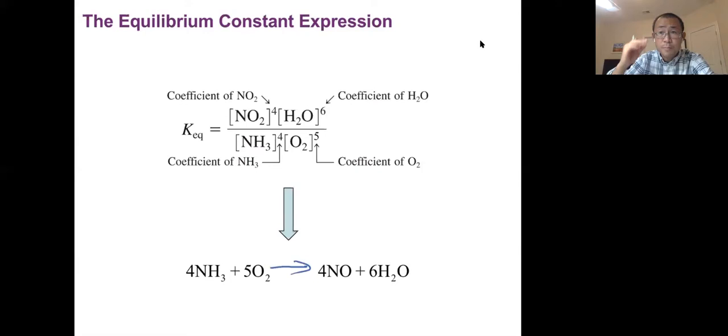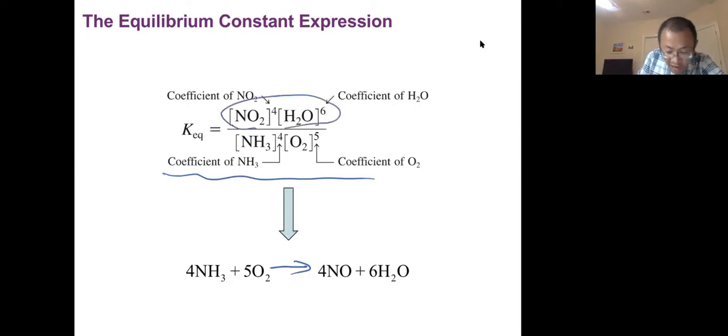Because we know the equilibrium constant is product over reactant powered by their coefficients, if I give you a K expression, you can actually write the reaction based on the K. What does it mean? Things on top are what, guys?